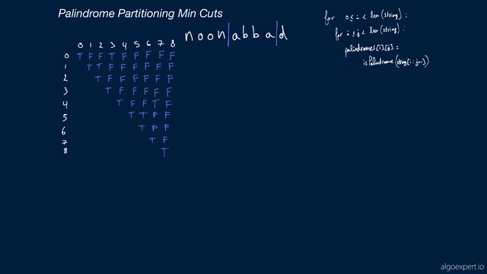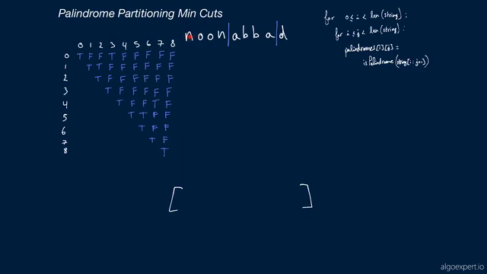In other words, if I build out this array here, remember, we had 1, 2, 3, 4, 5, 6, 7, 8, 9 letters in our string. So at each of these 9 indices in this array, we're going to store the minimum number of cuts needed for the substring that starts at index 0.